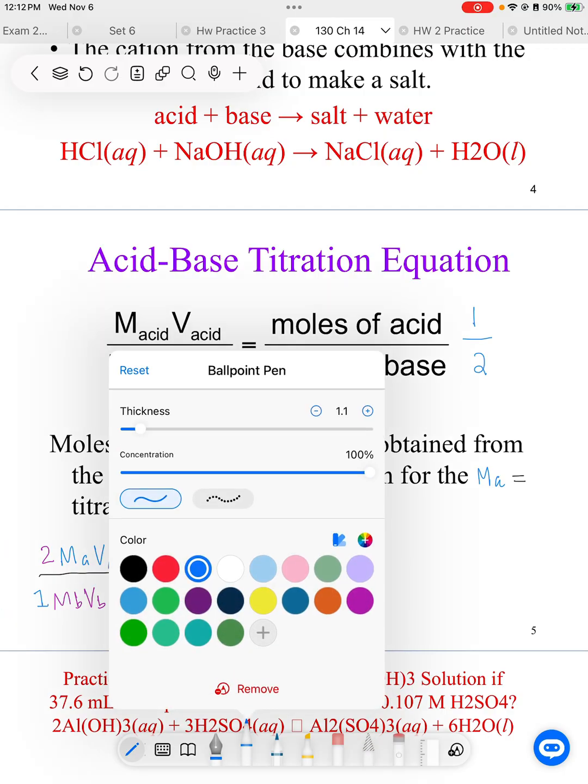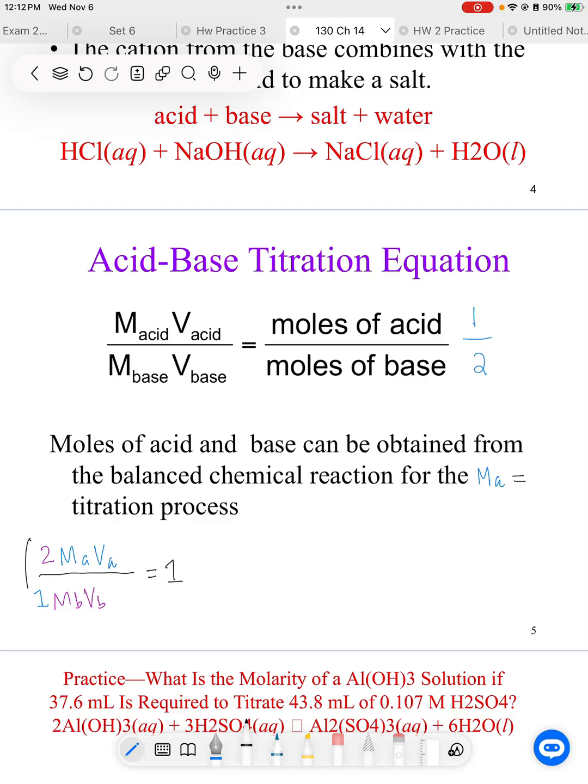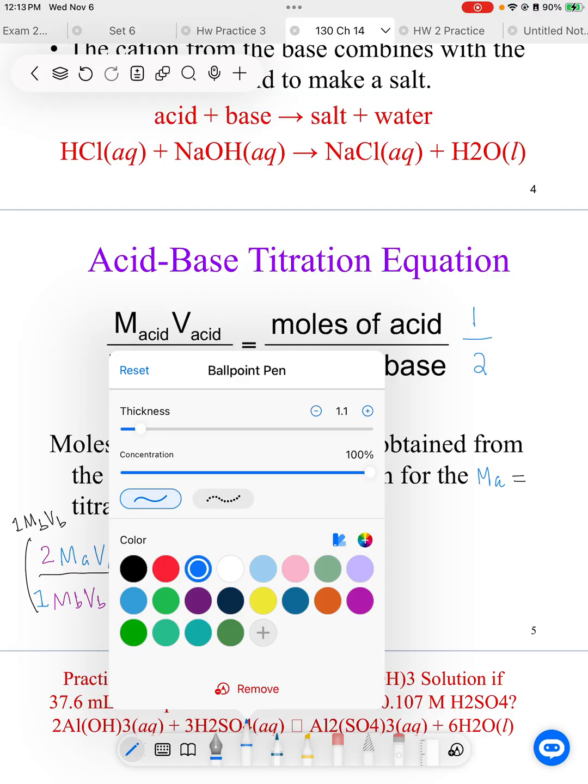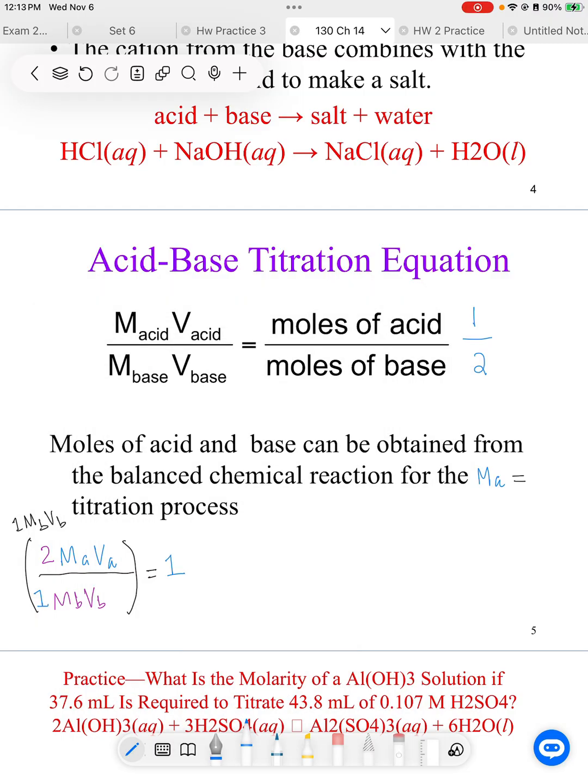So I'm going to multiply this whole thing by 1 MBVB. And anything I do on this side, I have to do on this side. So I multiplied 1 MBVB on this side, so I need to multiply it on this side. So I have 1 times MBVB. Let's keep the colors going, just so you can see where everything's going. So we multiplied this side by our blue 1 and our MBVB.